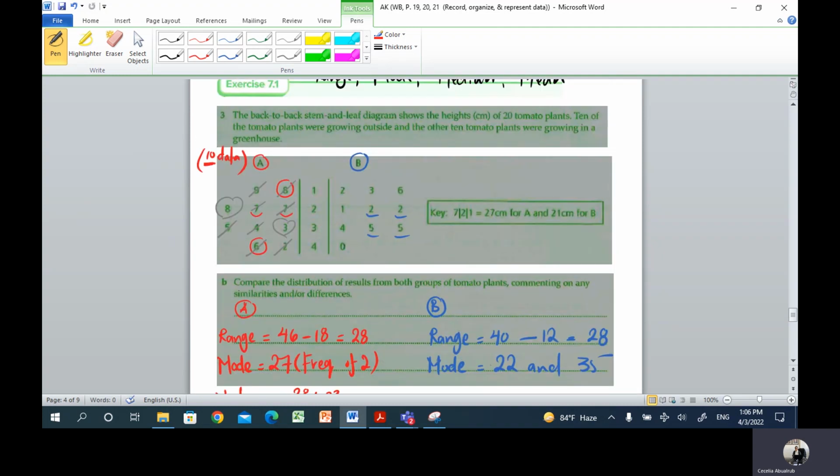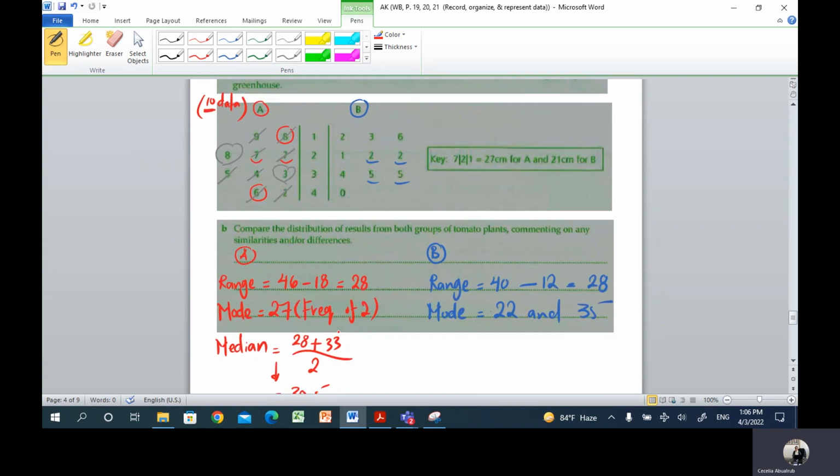Let's apply the exact same thing for group B. Group B, as we explained earlier, also has 10 data. So we're going to end up with two numbers in the middle. We start by crossing out the smallest number, which is 12, and the greatest number, which is 40.